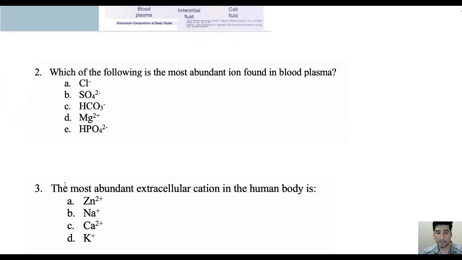Number 3, the most abundant extracellular cation in the human body is zinc 2+, sodium+, calcium 2+, or potassium. So we're looking for the most abundant extracellular cation. Extracellular cation, that's going to be your interstitial fluid.